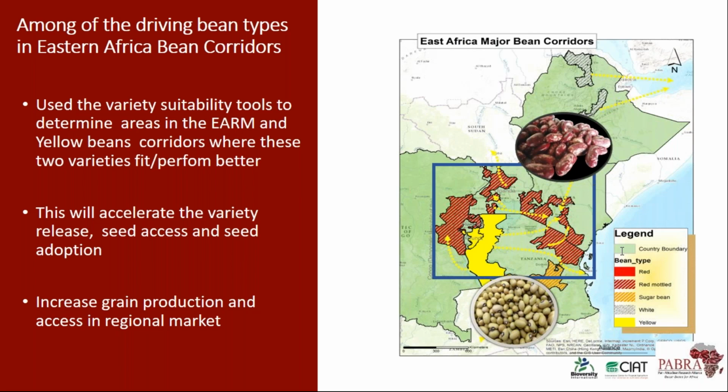We know that when we do this, it will accelerate variety release, seed access, and seed adoption, and therefore increase grain production and market access in the regional market. Next.